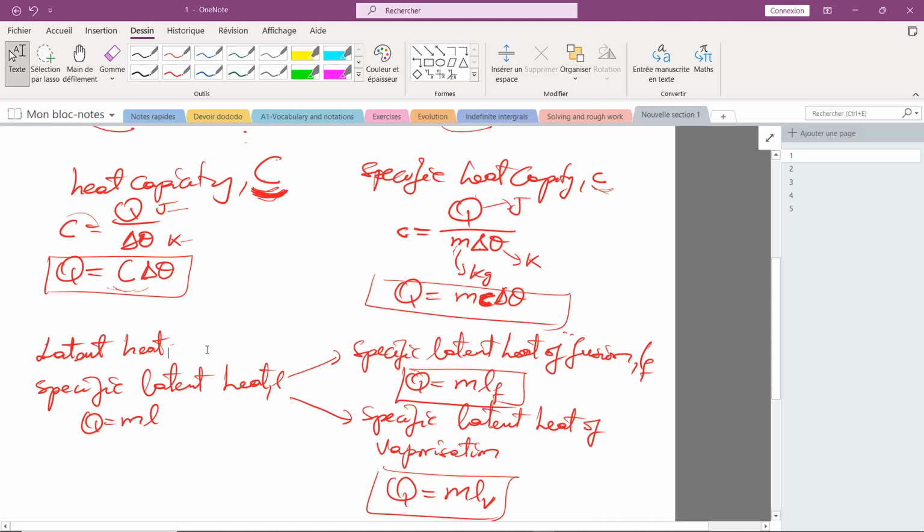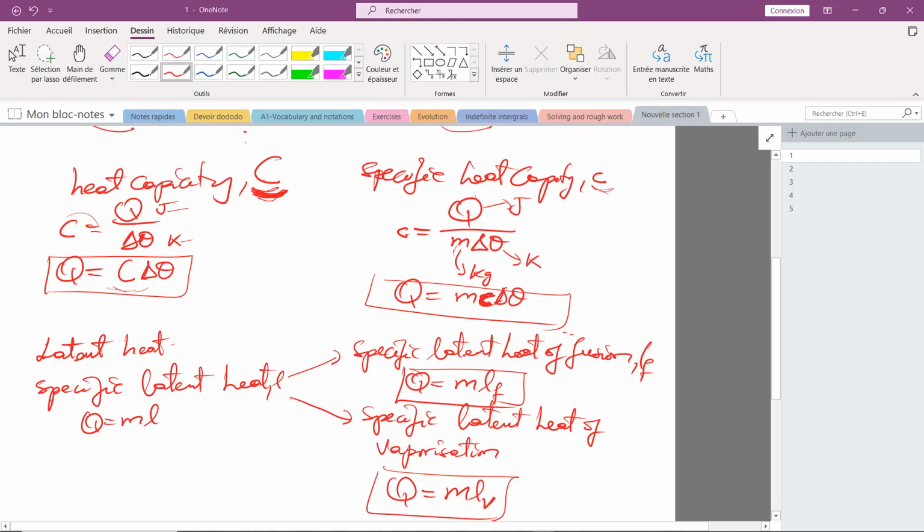So when a substance changes states without a change in temperature, that substance was capable of doing it because of what? Latent heat. That's the definition of latent heat.